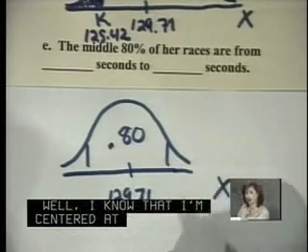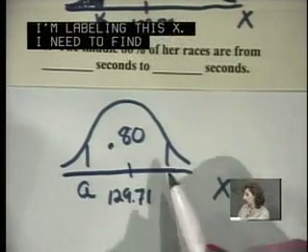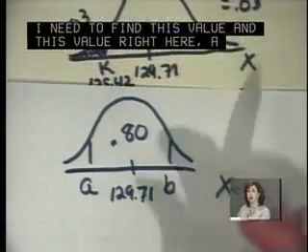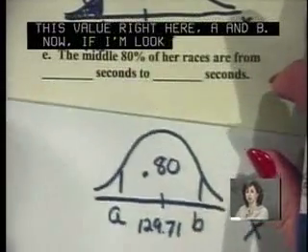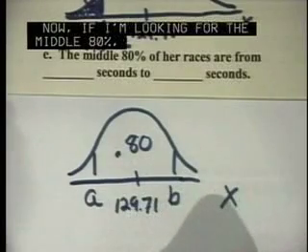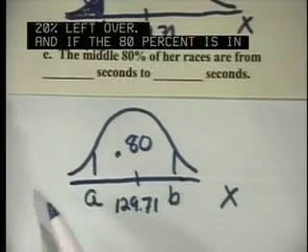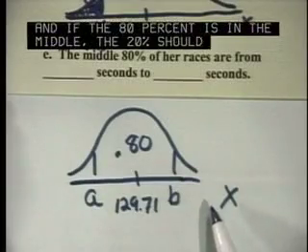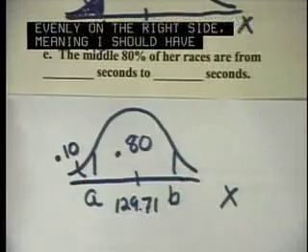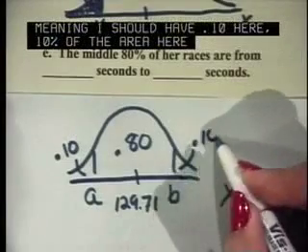I'm labeling this X. I need to find this value and this value right here, A and B. Now, if I'm looking for the middle 80%, that means I have 20% left over. And if the 80% is in the middle, the 20% should be split evenly on the left side and evenly on the right side, meaning I should have 0.10 here, 10% of the area here, and 10% of the area here.